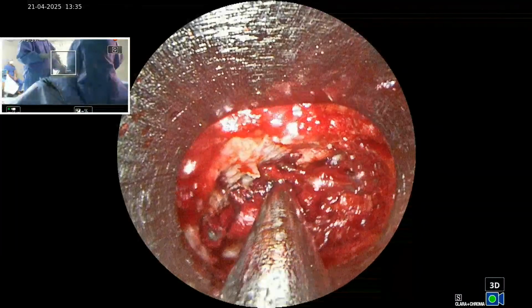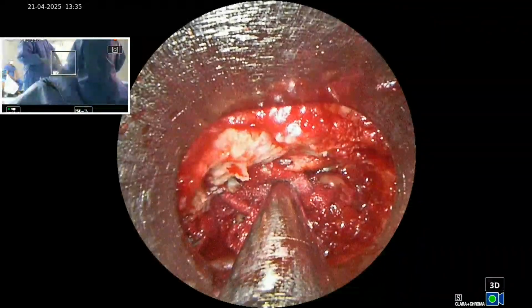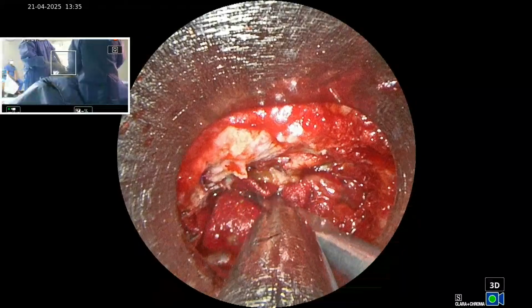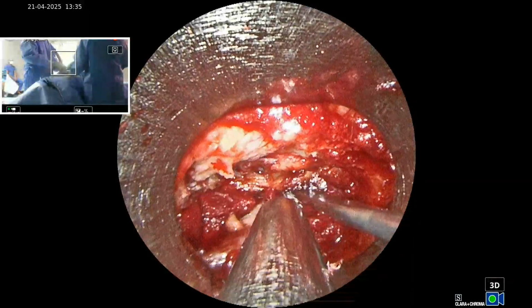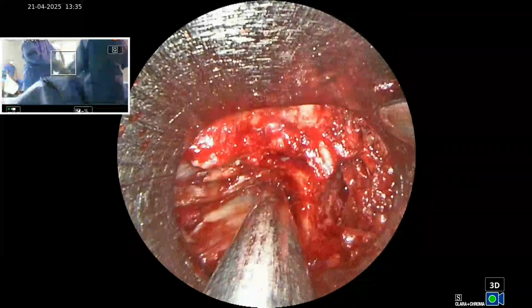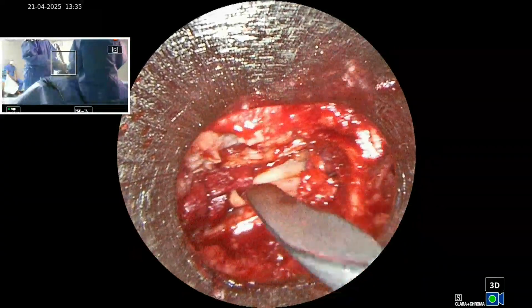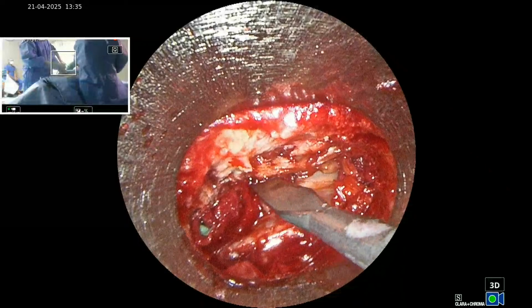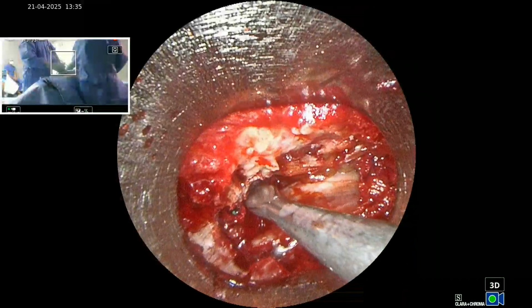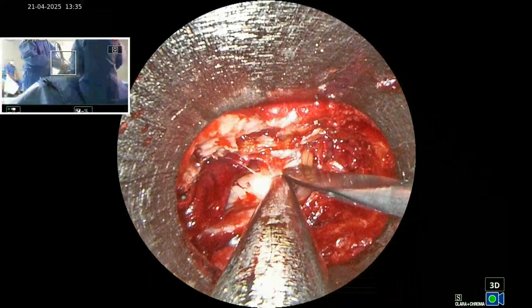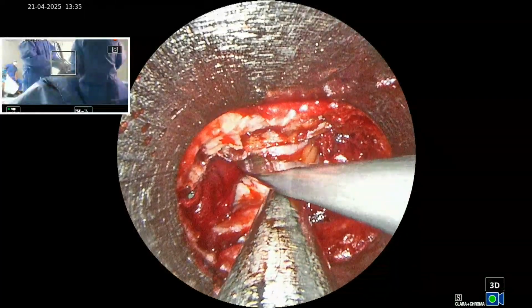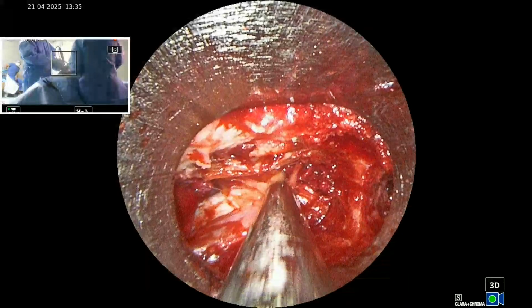Actually, so we'll try to reposition the pettie maybe at the shoulder of the nerve root. Let's see where. Very tight canal. Yeah, nerve root is here.